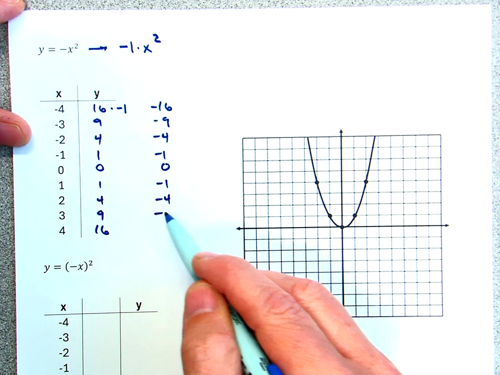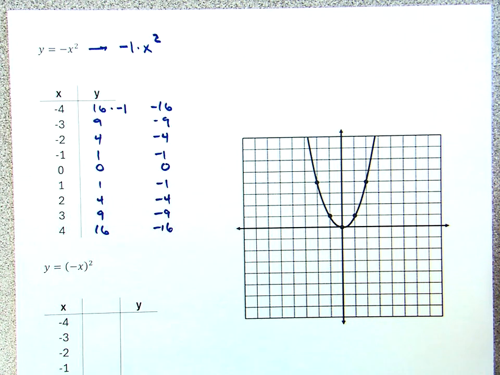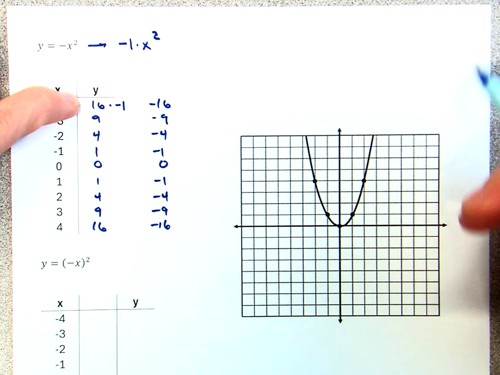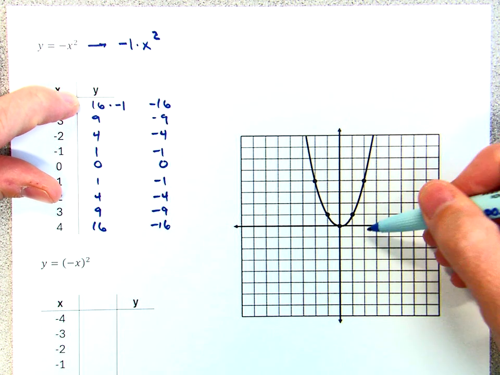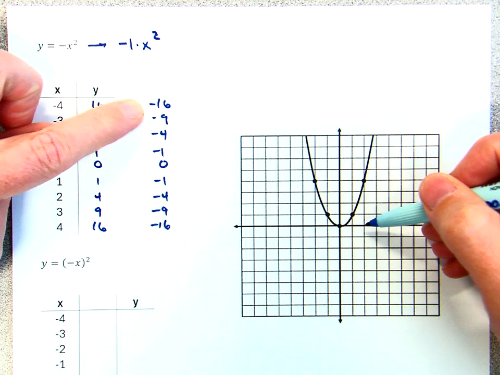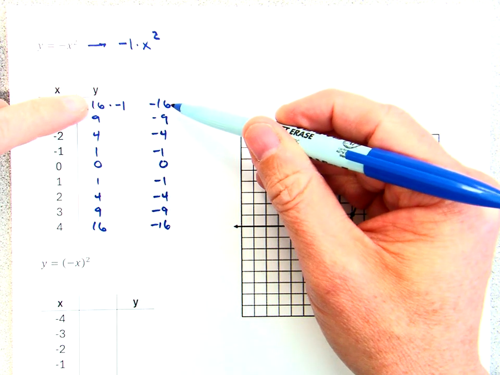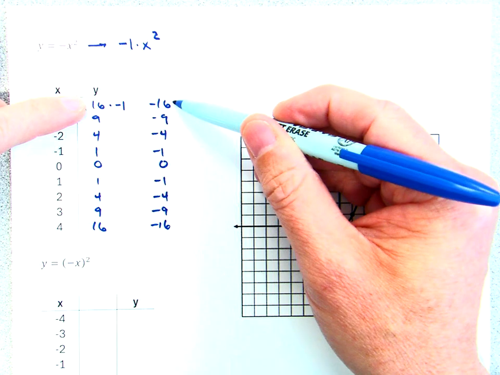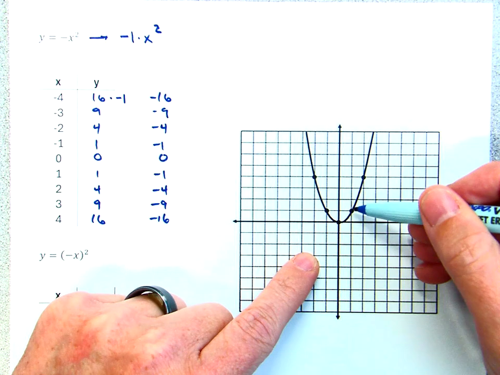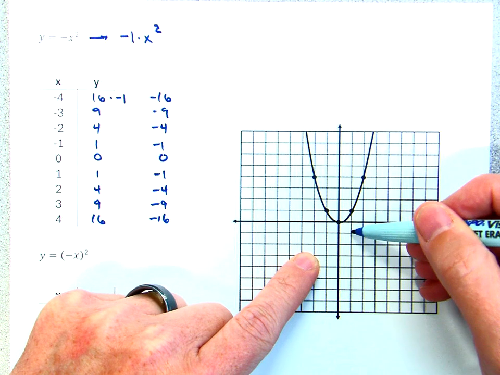-1, -4, right? So in its standard position, each of these y values had a distance from the x-axis, and it's still going to be 16 units from the x-axis, 9 units, 4 units, 1 unit from the x-axis. It's just going to be from the x-axis on the bottom.